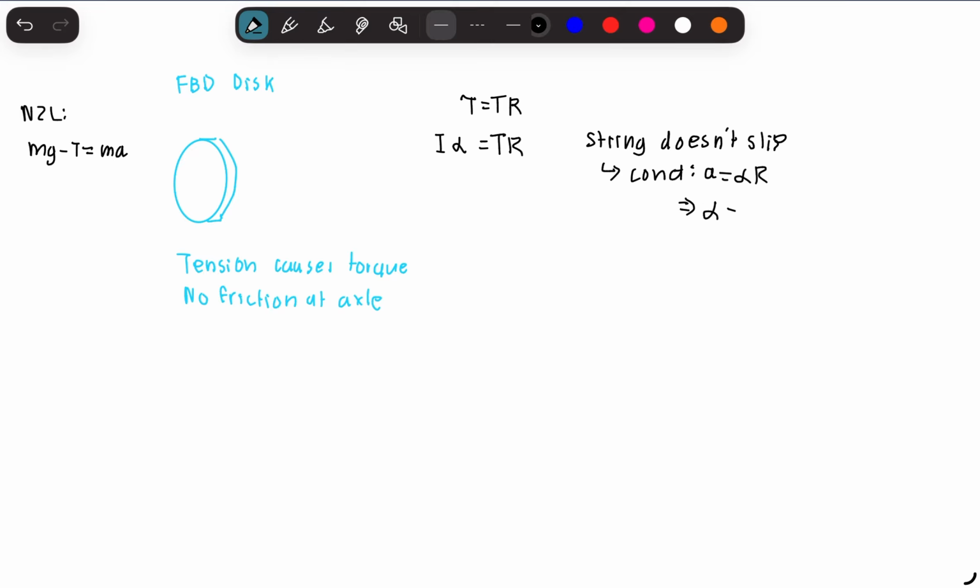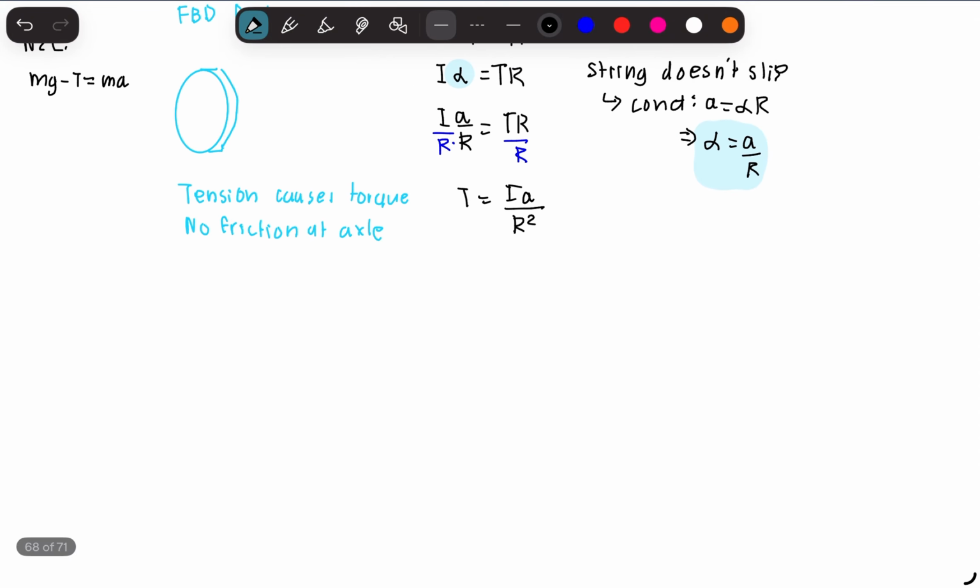Rearranging that for angular acceleration, a over R, we can substitute that in. And we want to get just T. Now we can plug into Newton's law.